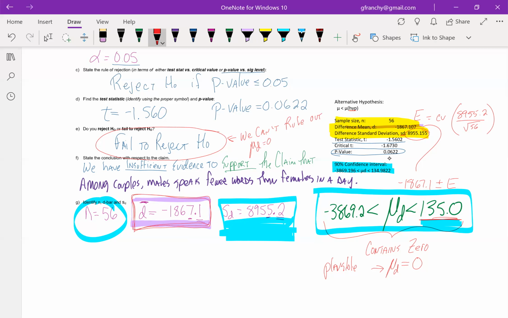And this is why we don't make decisions based on our point estimates. Yes, that's not far from 2,000 words a day difference. That may seem like a lot, but it's standard deviation that gives us perspective on how close or how far something actually is.